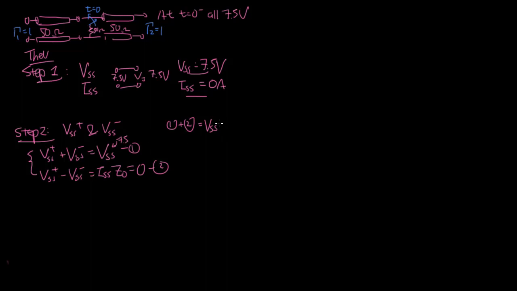So VSS plus is equal to 3.75 volts. And then if we take the difference between the two, we'll find that VSS minus is also going to be equal to 3.75 volts.